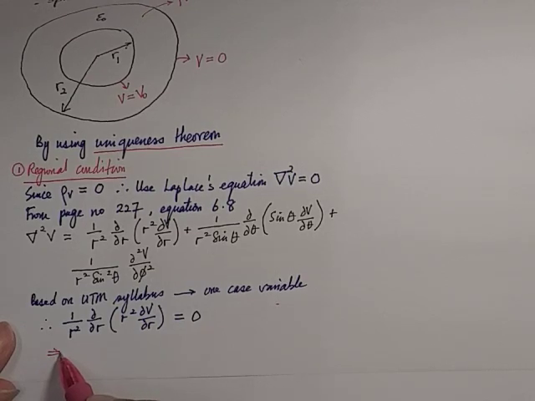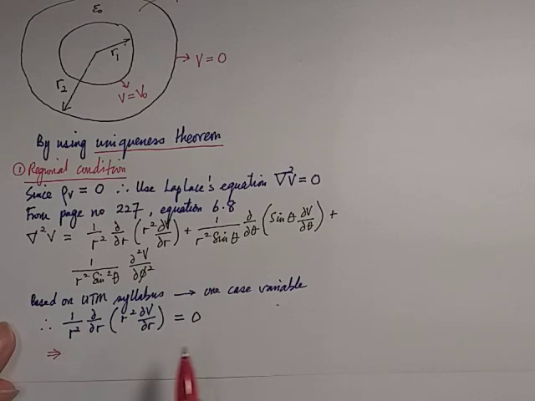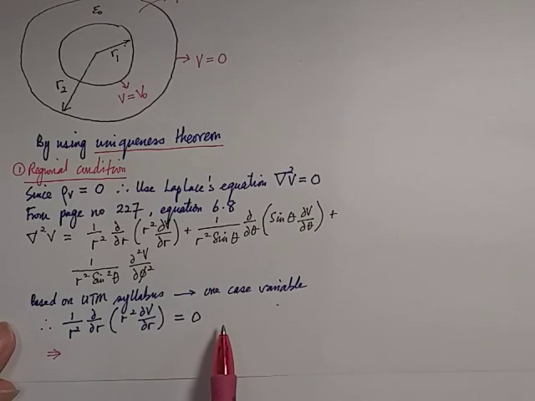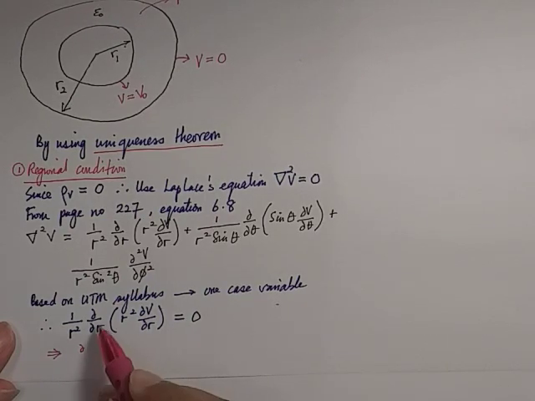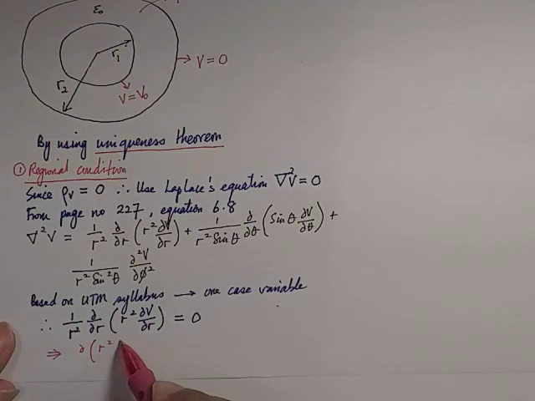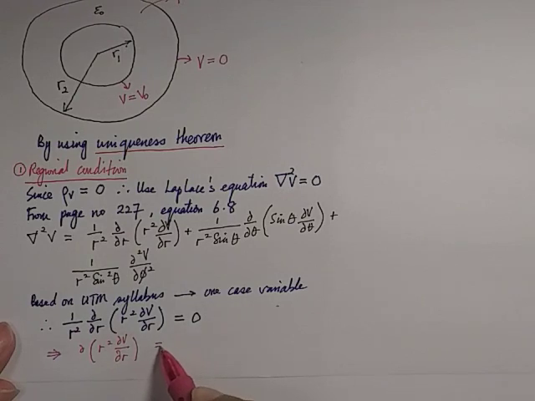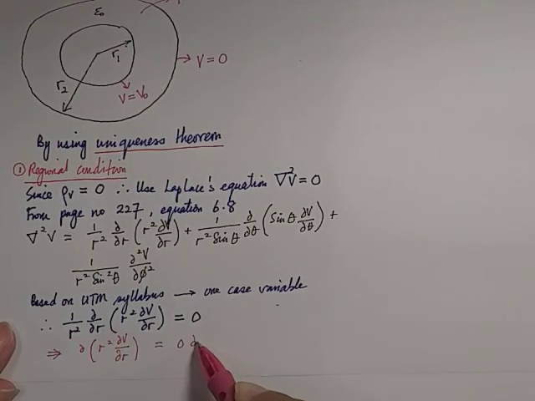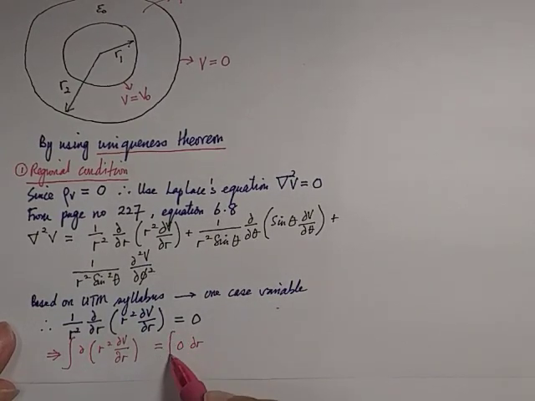What I'm going to do first, I'm going to move the most left-hand side term to the right part of the equation. So I'm going to have 0 multiplied with r squared ending with 0. Then I'm going to split my mathematics term here, having d of r squared dV over dr equal to 0 dr. Okay, then we have to integrate the left-hand side and the right-hand side.